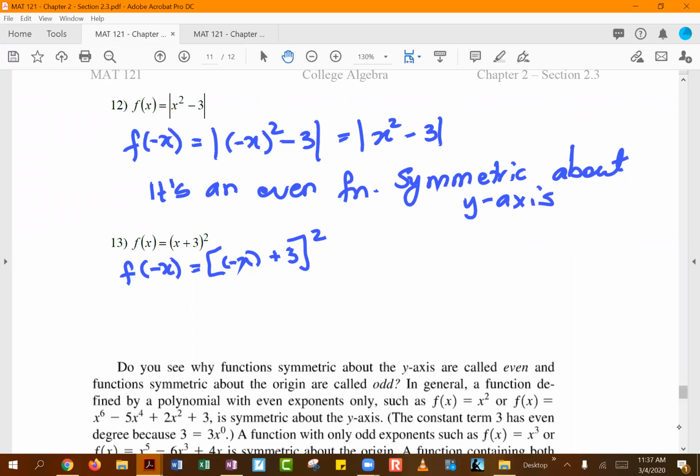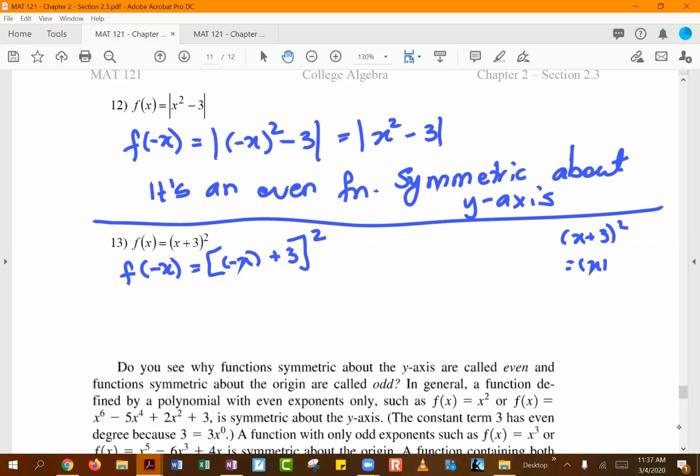So let's start by doing a FOIL on the original function. If you did x plus 3 squared, and you FOIL that, what will we get? X squared plus 6x plus 9. Very nice, exactly.